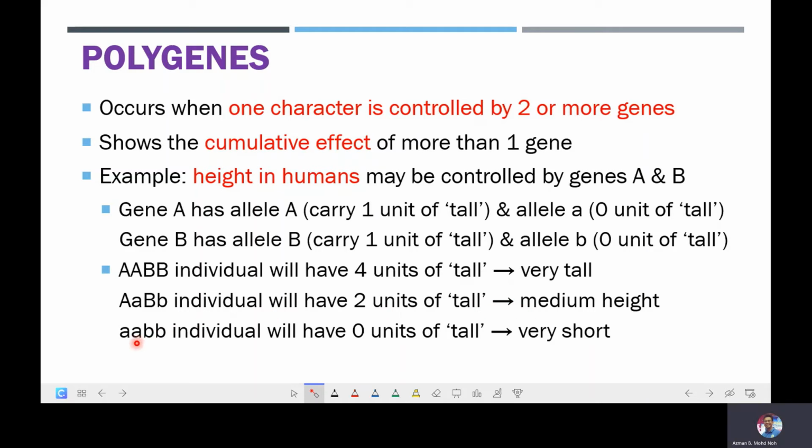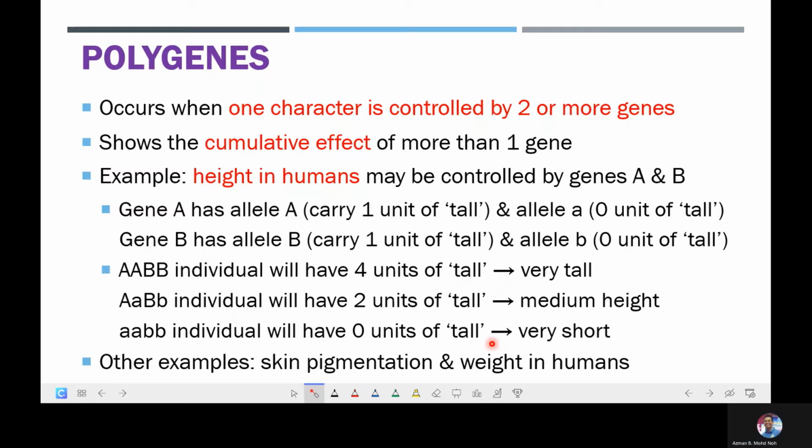An individual with the genotype small a, small a, small b, small b will have 0 units of tall, and this person will be very short. So this shows the cumulative effect of genes A and B. Another example of polygenic inheritance is skin pigmentation in humans and also weight in humans.